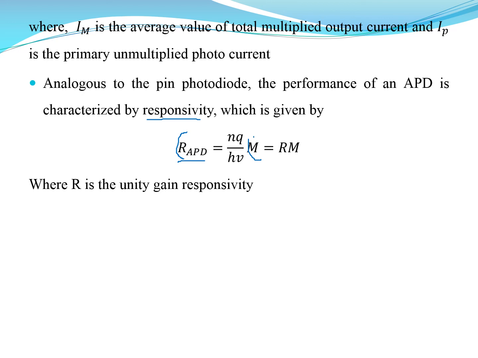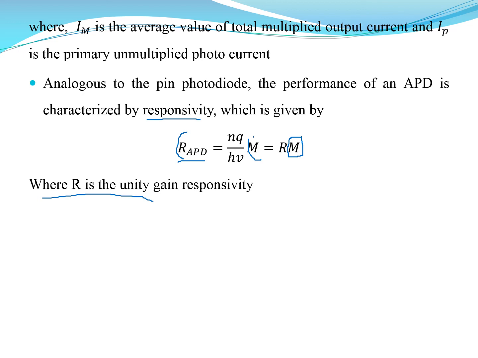Now we have one more term called M, that is Im by Ip. And R is the unity gain responsivity of the detector. This is what we consider to measure the responsivity of any photodetector material.